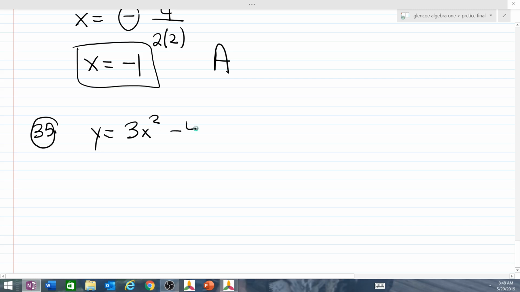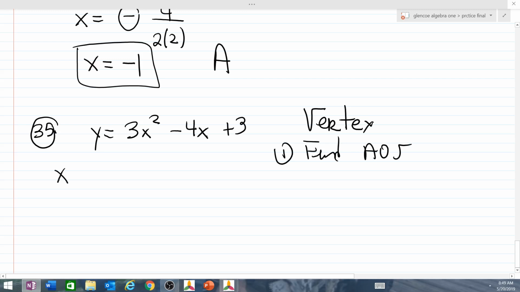Y equals 3x squared minus 4x plus 3, and they want the vertex. So the first step is you have to find the axis of symmetry. So a equals 3, b equals negative 4.